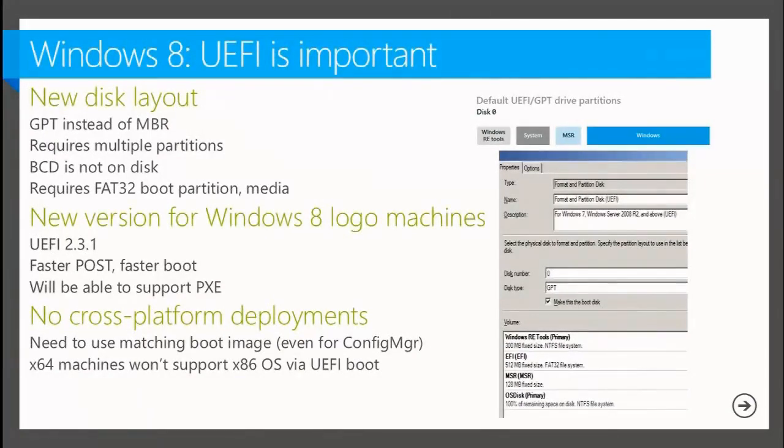The operating system itself can boot much faster because it's using UEFI's 32-bit, 64-bit large buffered I/O capabilities compared to the old legacy BIOS int13 disk calls, which were all 16-bit code and could only read 4K at a time, which was really silly considering the capabilities of the hardware that we had. So the operating system can boot much faster. The post process is much faster. Overall, it's just that much faster.